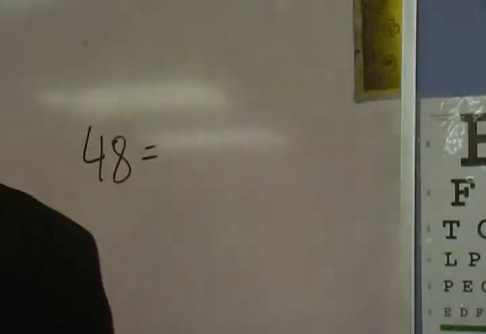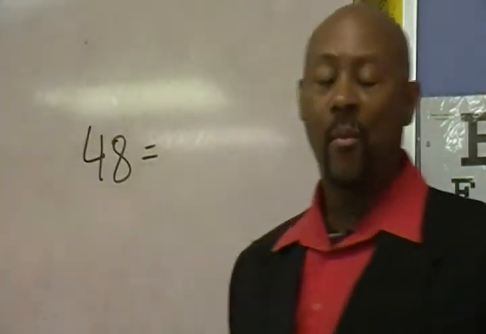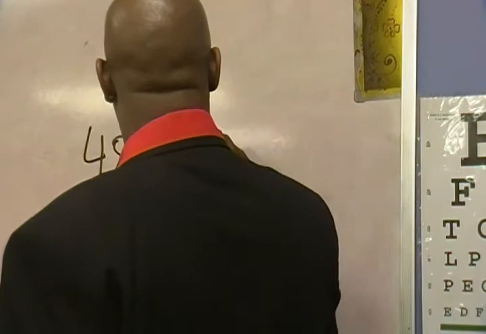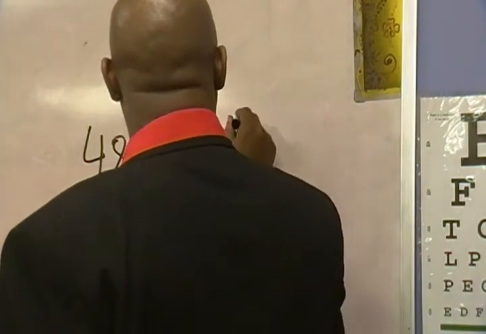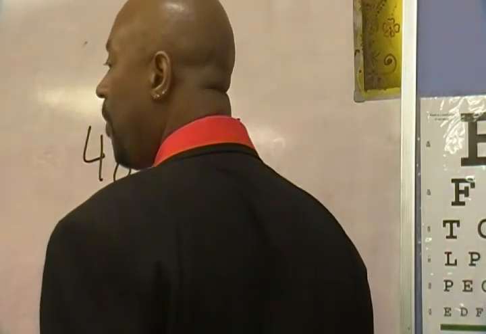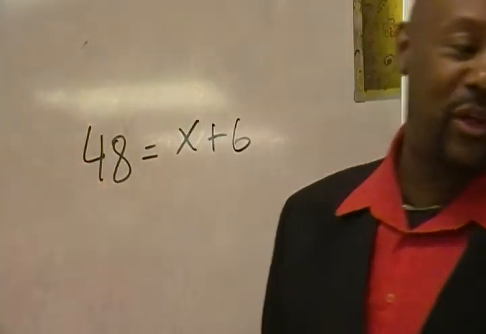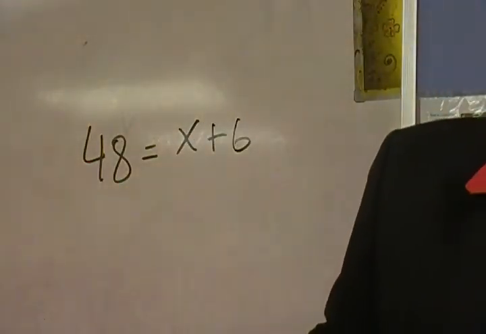So 48 equals, all right, so that's the first thing. Phil says 48 equals what? X plus 6, all right, plus X5.